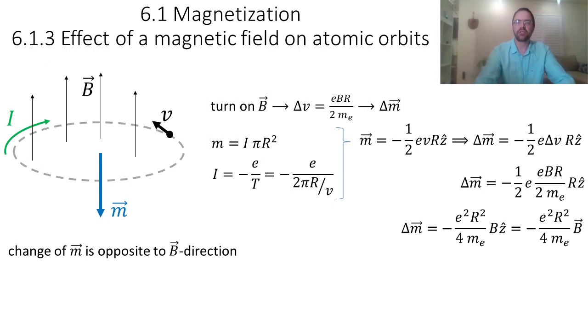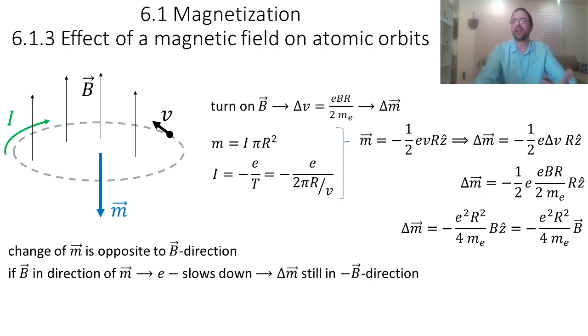Now you see that the change of magnetic dipole moment m is opposite to the B direction. Now we won't do it here, but if we had chosen the magnetic field pointing down, in the same direction as the dipole moment, then the electron would slow down. That is still changing the dipole moment in the minus B direction, still changing in the direction opposite to the direction of the magnetic field.